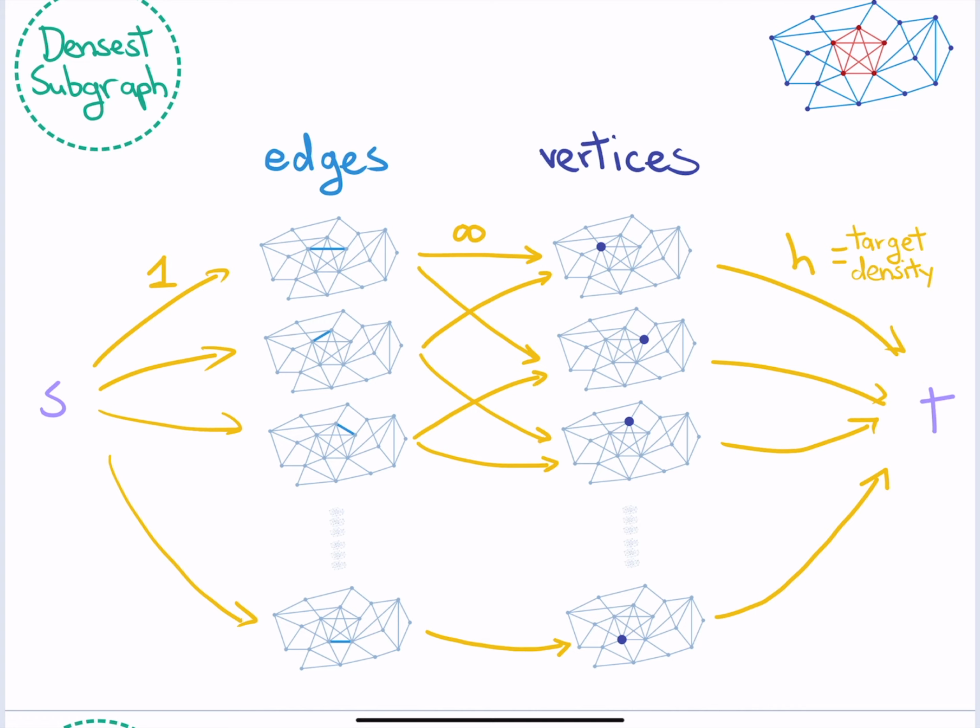And what will happen is that if there is a dense subgraph with density bigger than h, then you have an ST cut. I'm only going to do it quickly and I'll write something in the notes. But roughly you look at the ST cuts and see which vertices are on the S side.